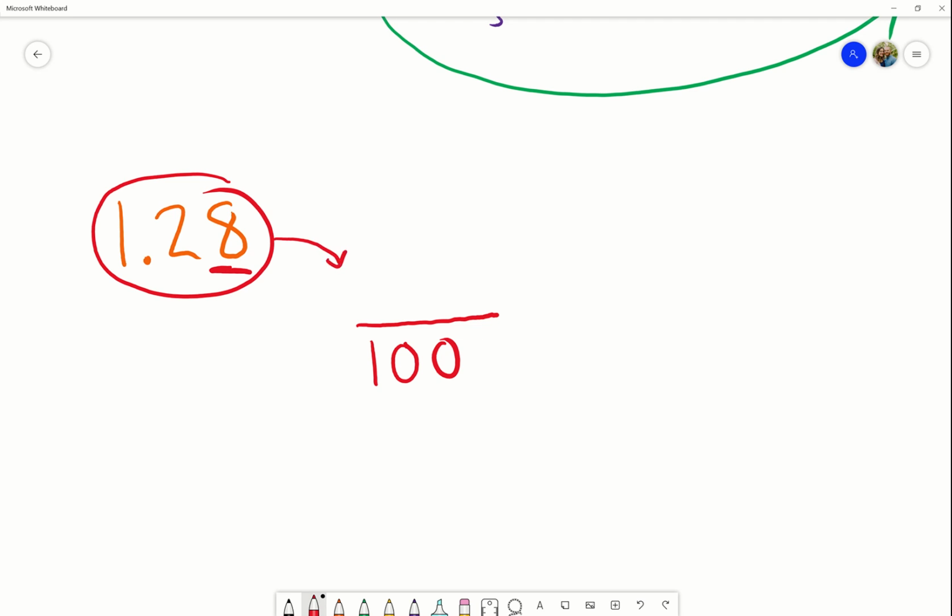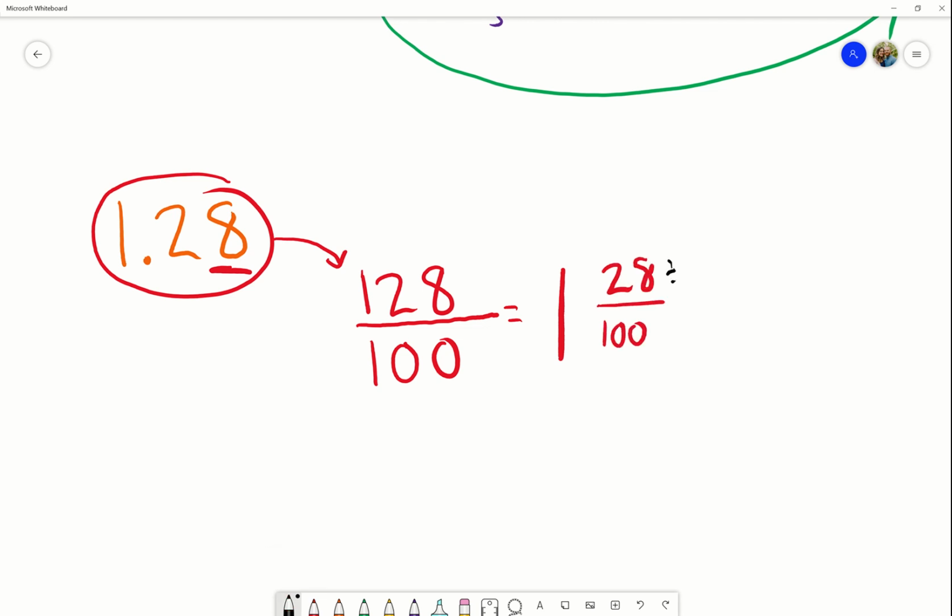All of my number here goes on top to my value on my numerator. Okay, so 128 goes on top, 100 is on bottom. This is an improper fraction, so I'm going to take 100 away from this top value to give me 1 up here, and then I'm going to be left with 28 over 100.